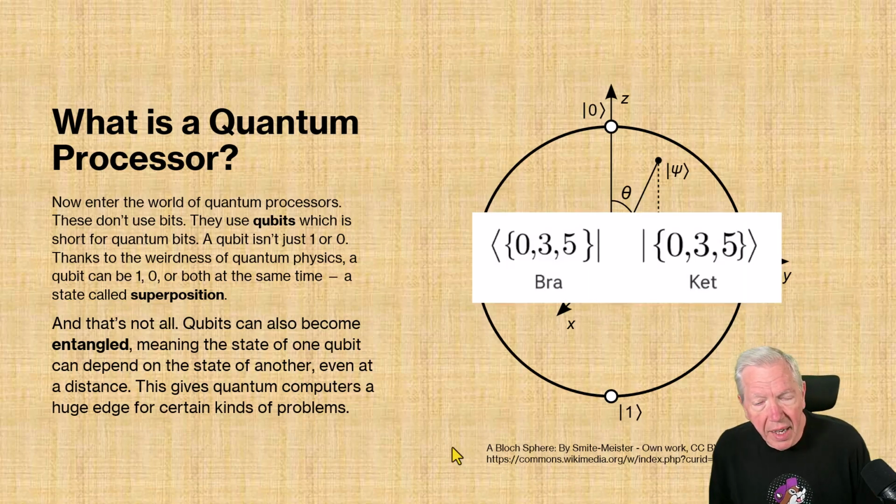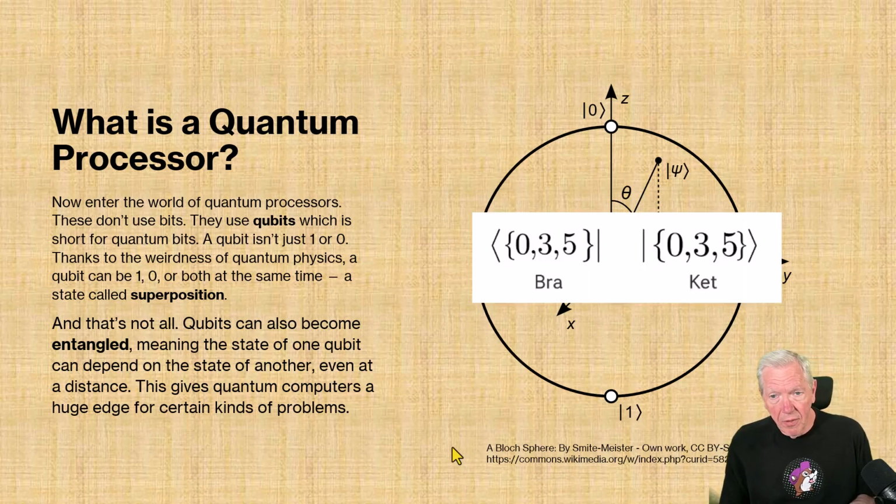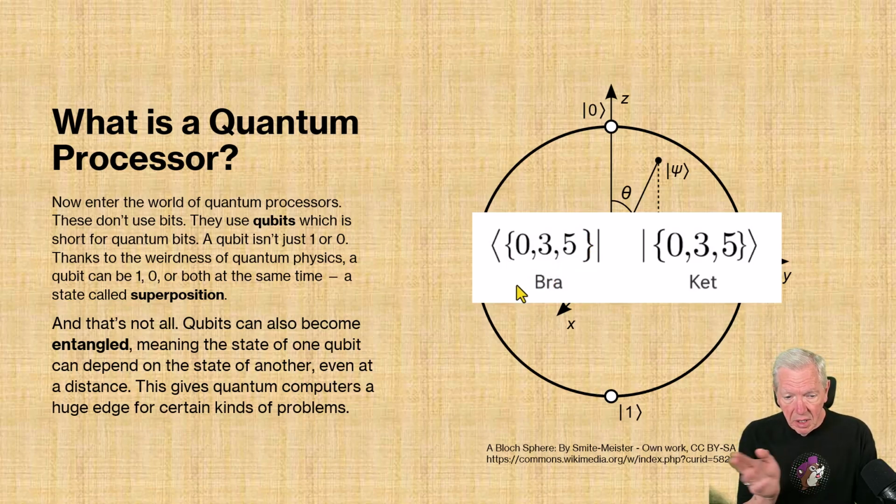This is what the bra-ket notation looks like. If I have a left angle bracket, and then a series of numbers, this is called a vector. A vector is just a series of numbers in a row like this. It could be very large, very long, or very short, like in this case. And then a right pipe.